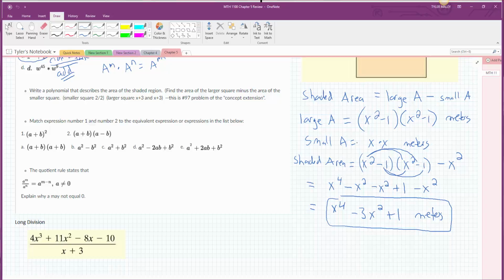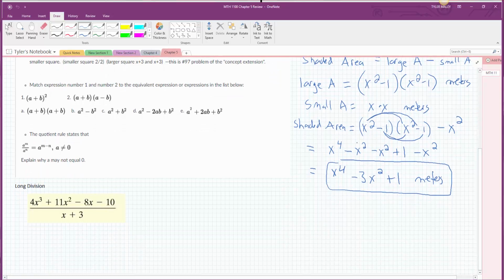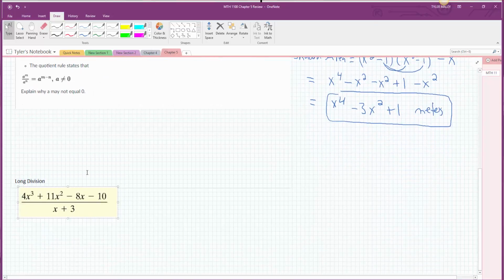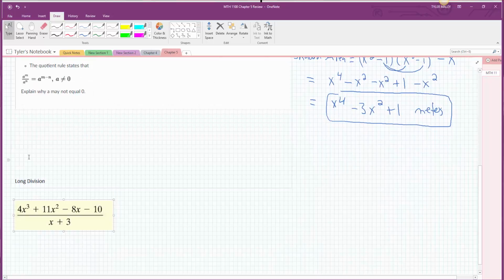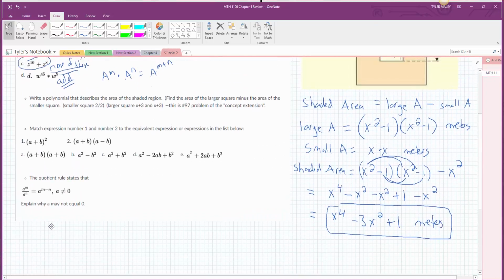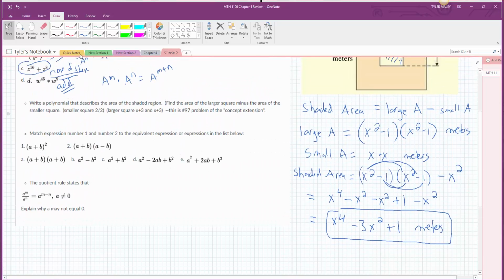Alright, so the next one, match the expression number 1 and number 2 to the equivalent expressions in the list, right? So that was a good problem. So let me pull these down, make some more room. All right.